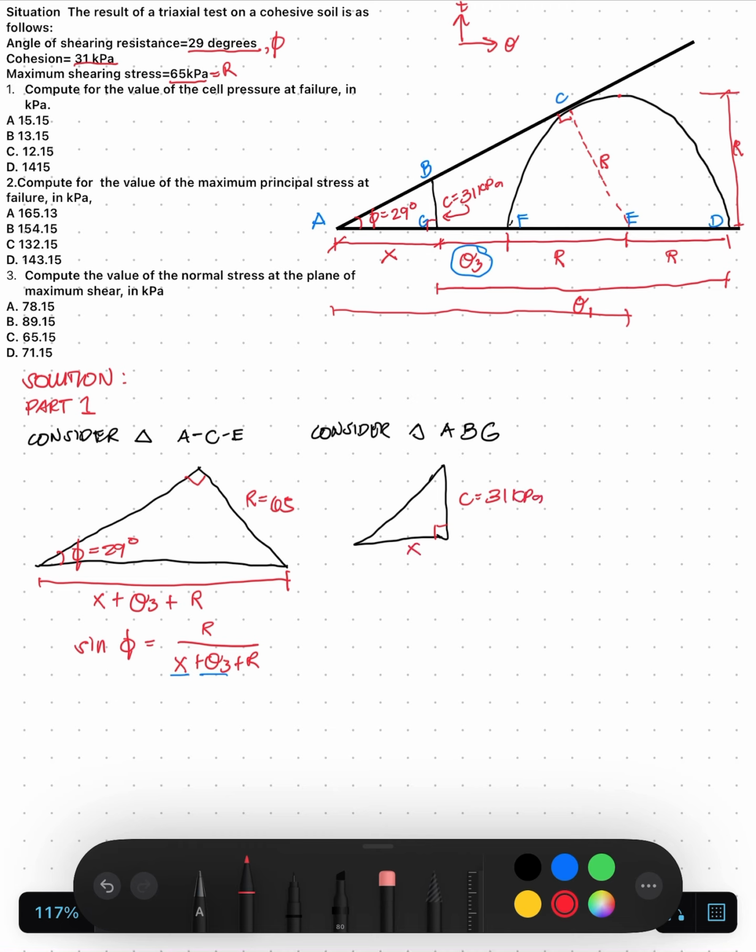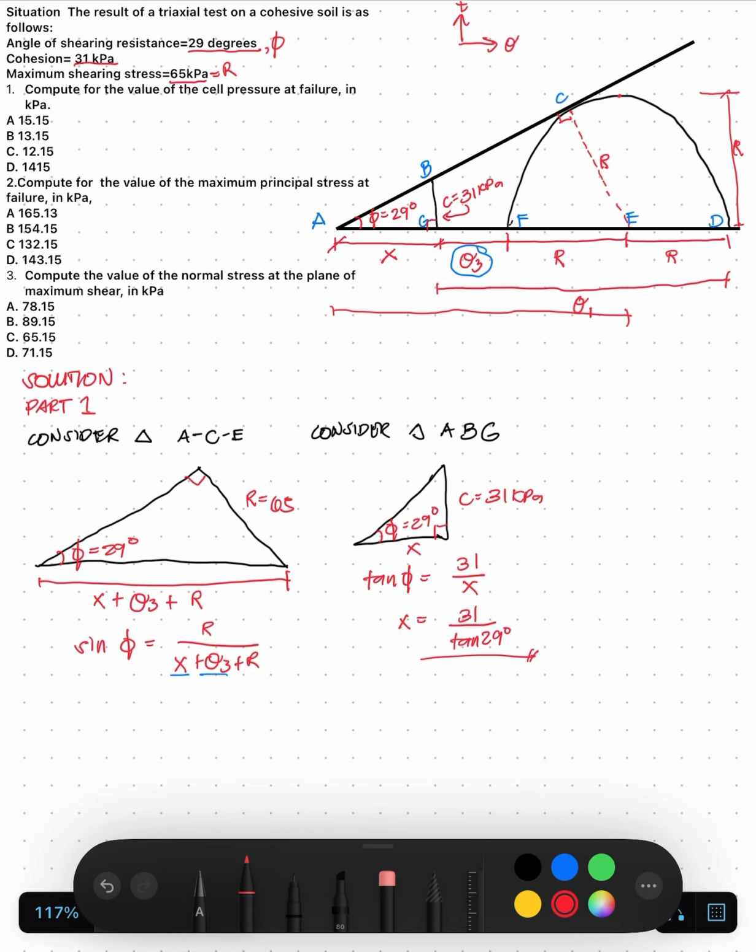This is our x, and this is phi equal to 29 degrees. Now, again, by basic trigonometry, we can say that tan phi is equal to 31 over x. So our x therefore is 31 over tan phi, or tan 29 degrees.